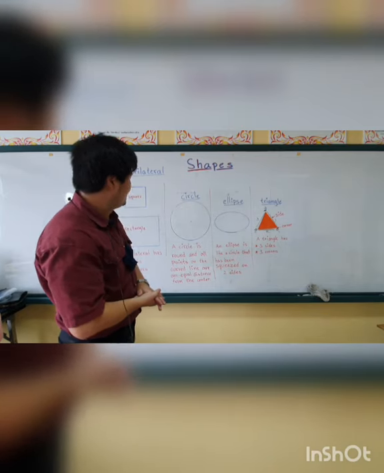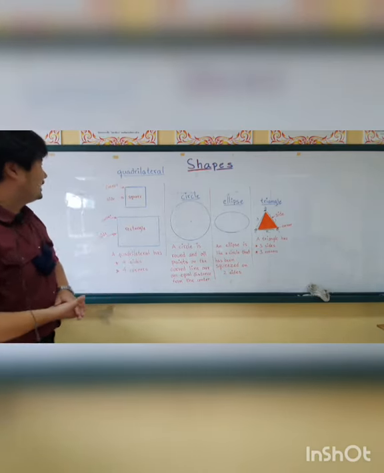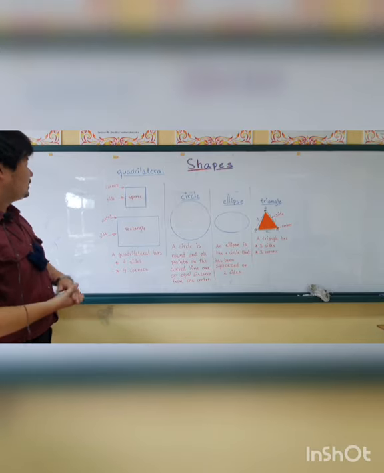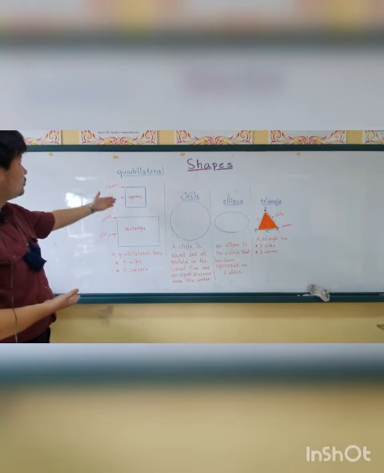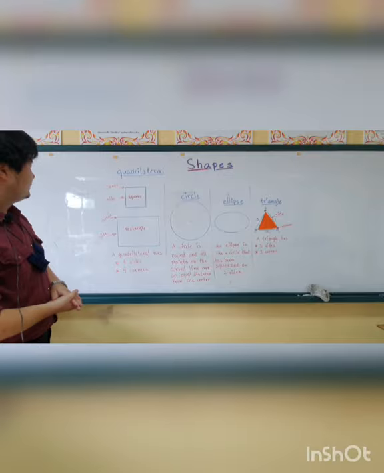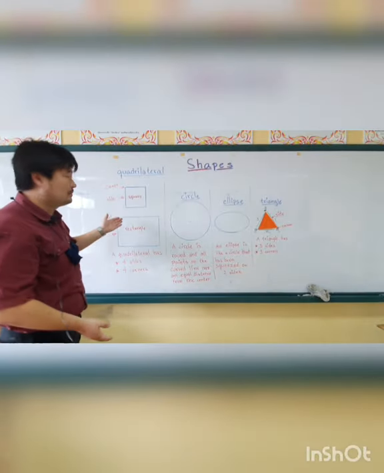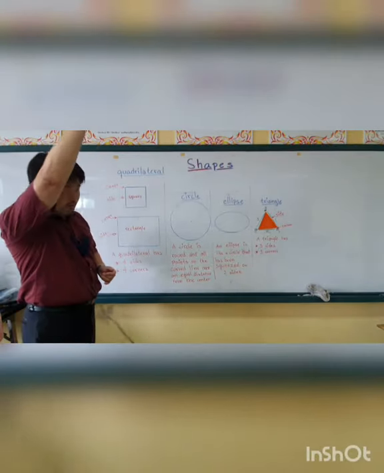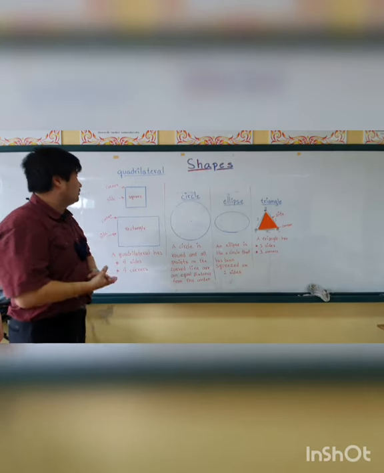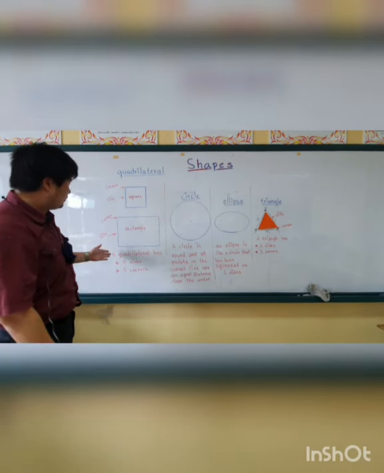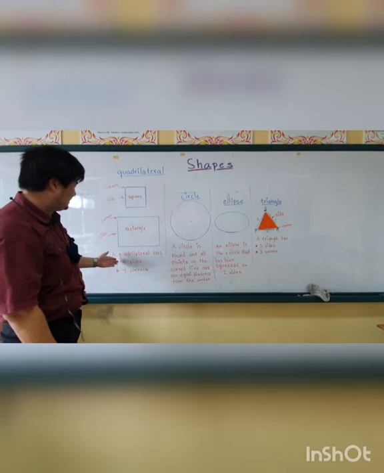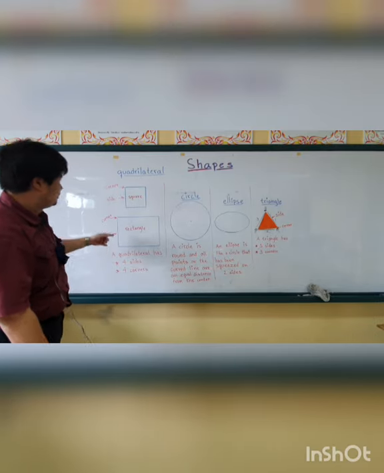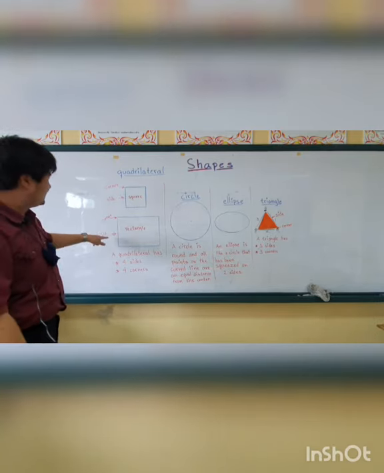Okay, and then we have the quadrilateral, and here you see two different quadrilaterals, and they don't look the same. So let's first start with the definition of a quadrilateral. A quadrilateral has 4 sides and 4 corners. So let's start with the rectangle. It has 4 sides.